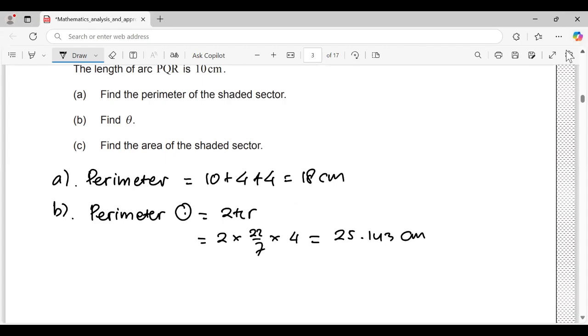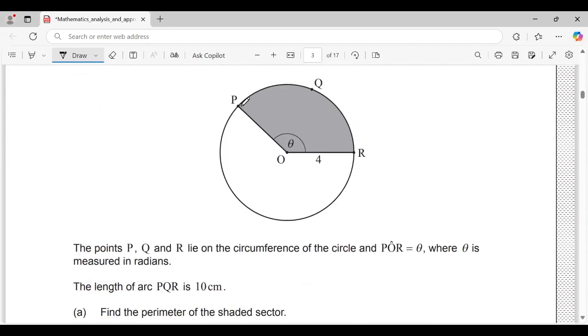I'm going to show you. This is 10 centimeters, but the perimeter of the circle is 25.143. Okay, so the perimeter of the shaded area is 10 plus 4 plus 4.